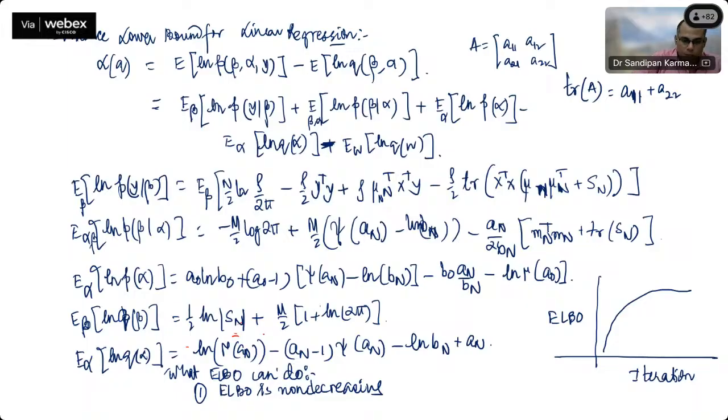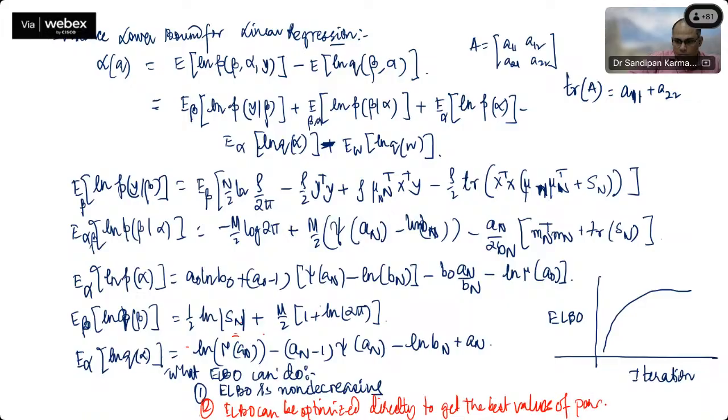Let's say here ELBO is non-decreasing, and another is ELBO can be optimized directly to get the best values of parameters. Okay, so this is what you can do with ELBO.